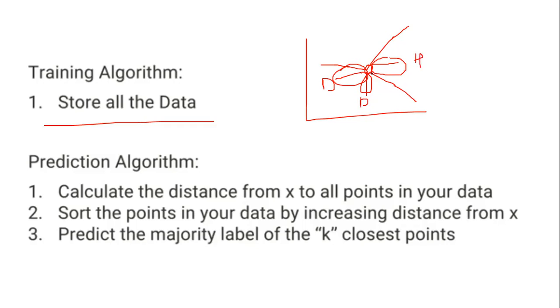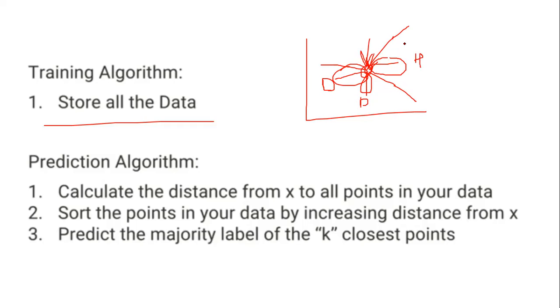Two of the neighbors are dogs, one is a horse. Then by voting, I will say this data point is a dog, because it cannot be half dog and half horse. It has to belong to one of the classes. That's why I take the number of neighbors to be odd, so that I never get a situation where the votes are equal. I will always have a majority vote.